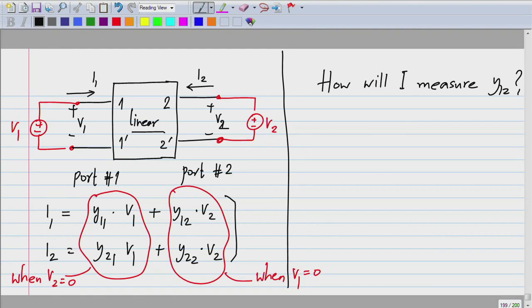Instead of applying both voltages simultaneously, you have to apply just one of them.